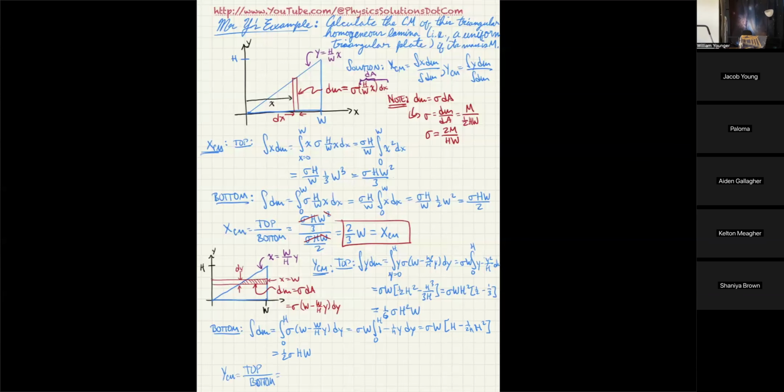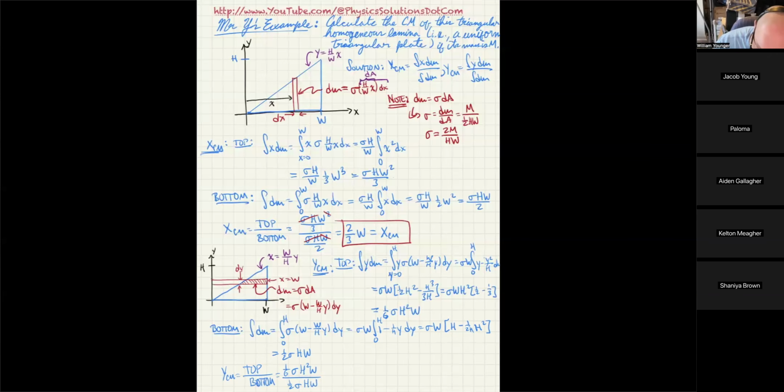And the top we found was, excuse me, was 1/6 sigma h squared w. And the bottom we found was 1 half sigma h w.